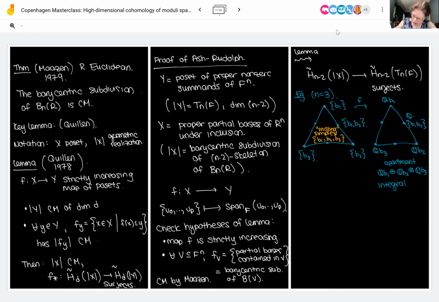Okay, so let's check this fact. Let's consider the long exact sequence of the pair of this partial basis complex relative to its n-2 skeleton of proper partial bases. What that tells us is that we get an exact sequence of the following form.